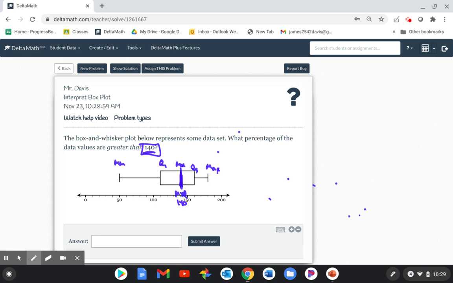So that means there's 50% of the data on the left side, and 50% of the data on the right side. Even though it doesn't look like they're even, we know that the median splits it in the middle, so half are going to be on the left, and half are going to be on the right. So there would be exactly 50% that would be greater than 140. So that's going to be our answer.